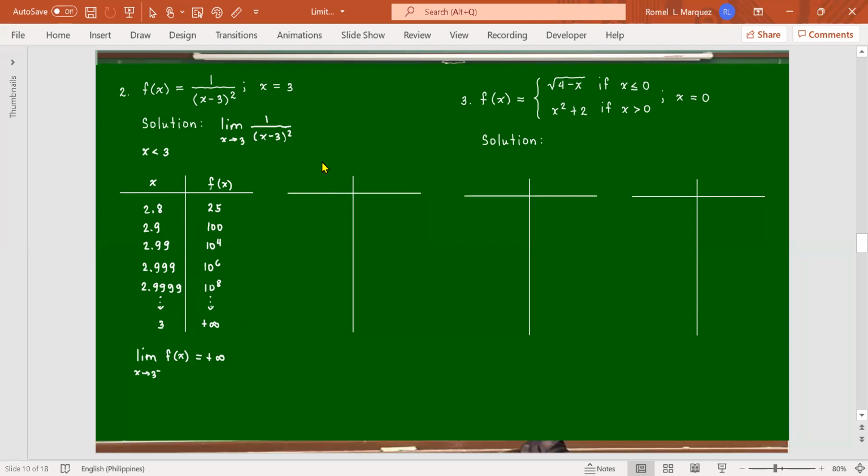What about if x is to the right of 3? So let's assign values of x.